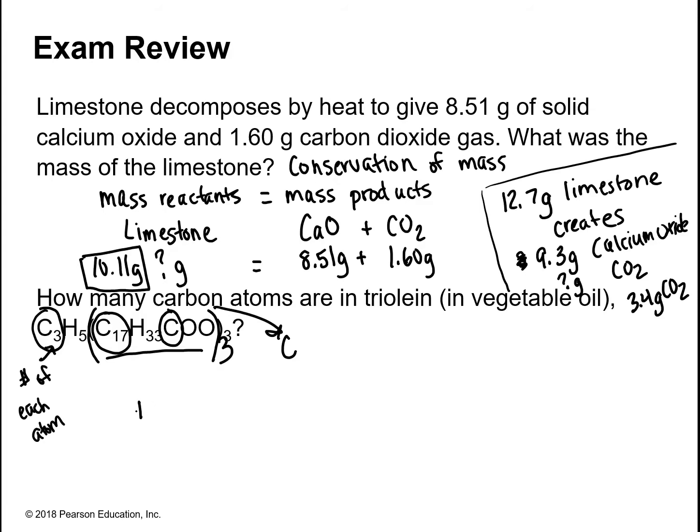So to get the total number of carbons, we're going to take our 3 carbons from here. I'm going to try to color code this so that one's black. We've got our 17 carbons here. And then we also have this 1 carbon here.